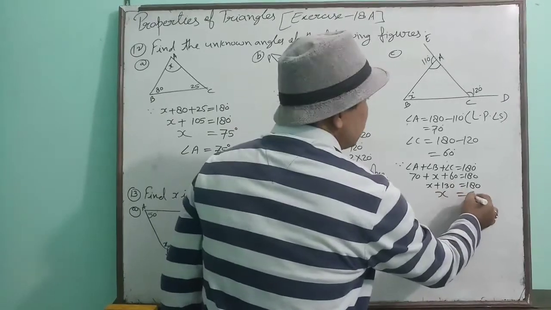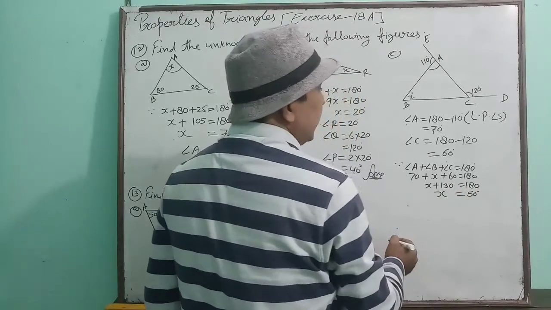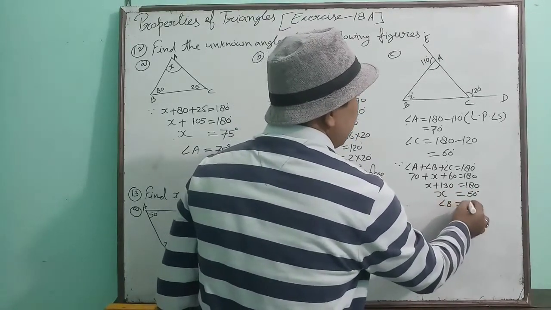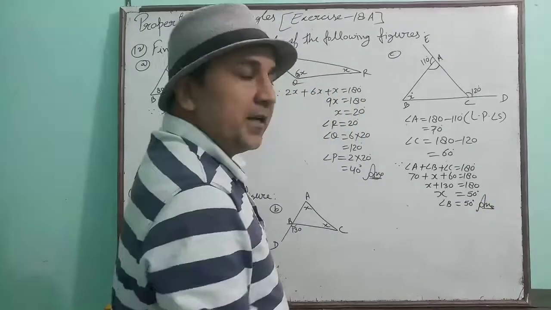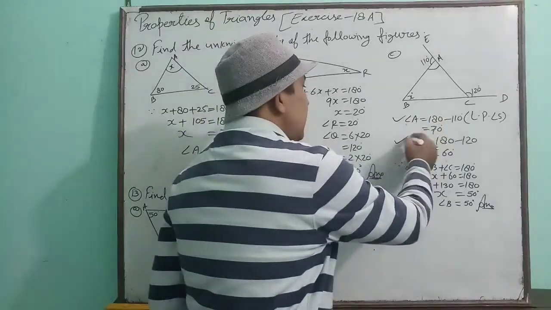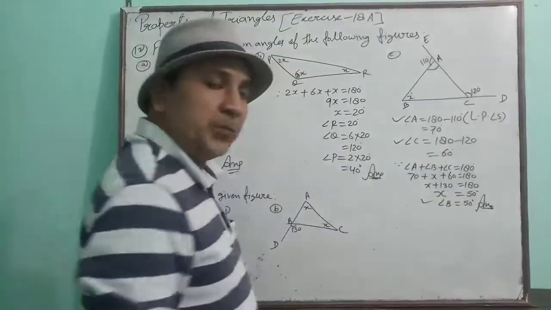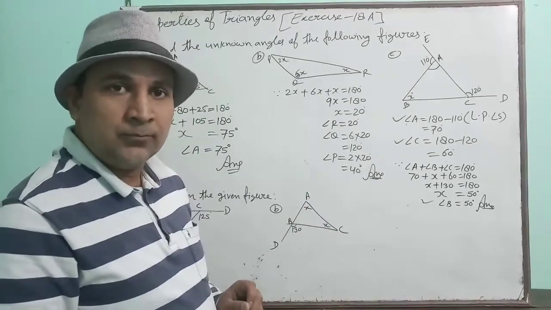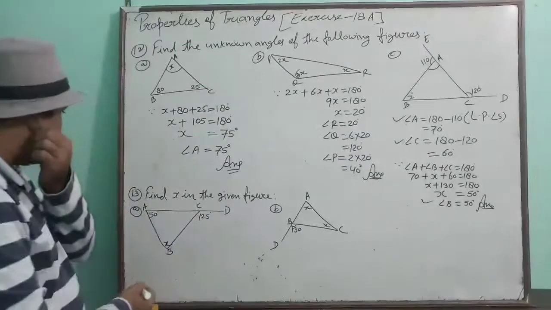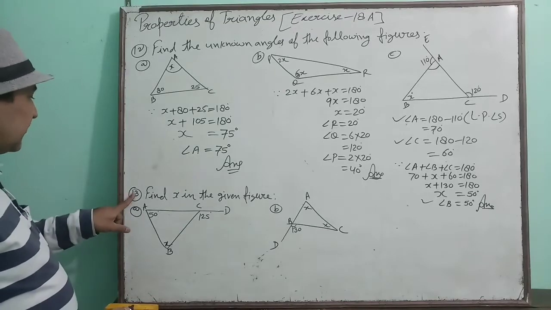So x will be equal to 50 degree. That means angle B is equal to 50 degree. Here we have got angle A, angle C, and angle B also, because all the three angles were unknown. Okay, now see question number 13.